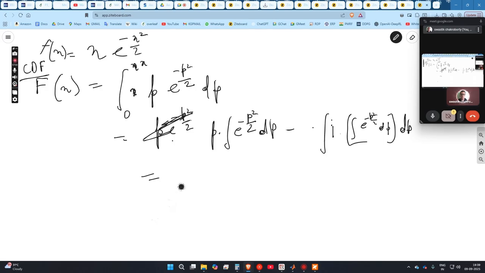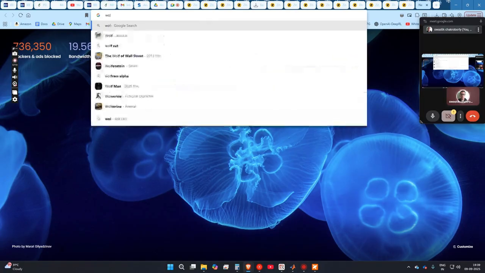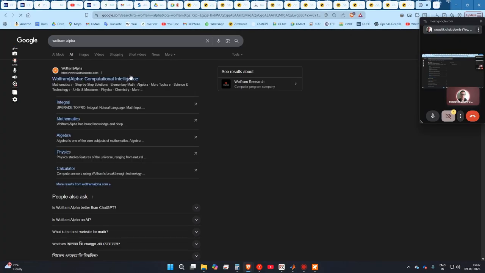Now if you solve this, this is not solvable by hand. So you have to take the help of some mathematical tool. So we will go to a mathematical tool.